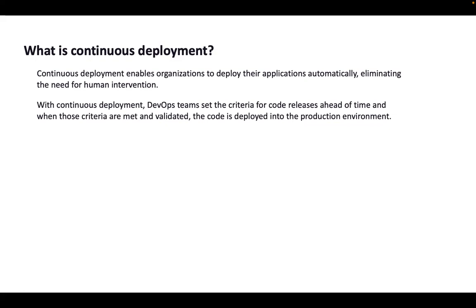With continuous deployment, DevOps teams set the criteria for code releases ahead of time, and when those criteria are met and validated, the code is deployed into the production environment. So continuous delivery is to deliver the build result into the lower environment, either the staging environment, testing environment, or an artifactory or a repository, right?